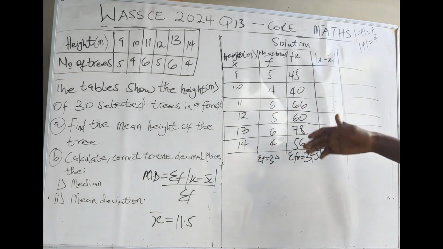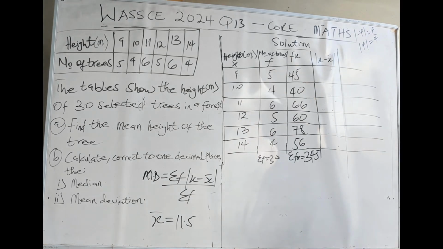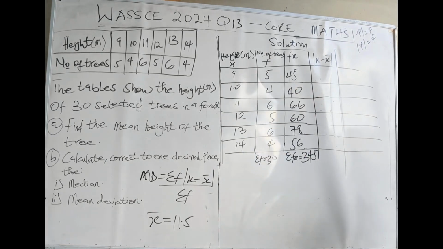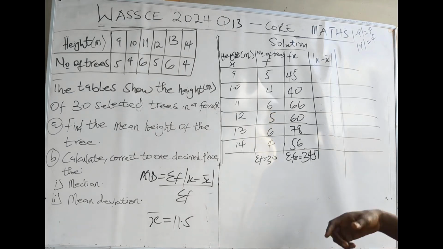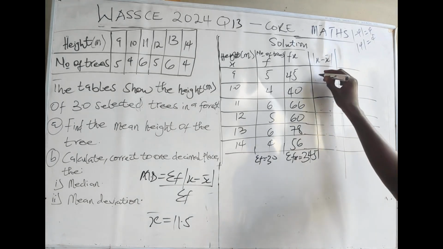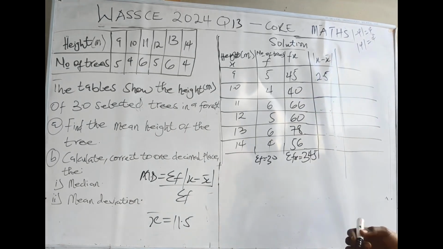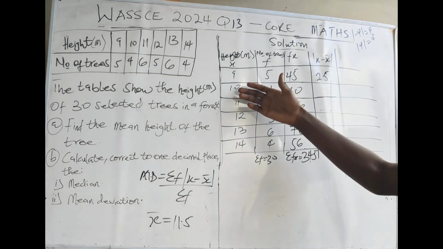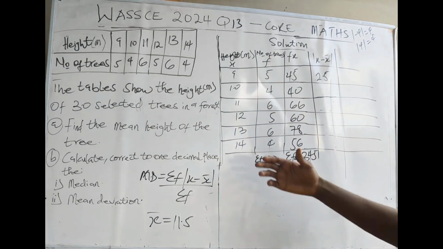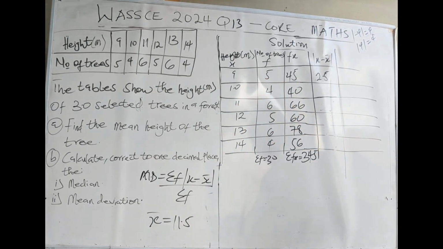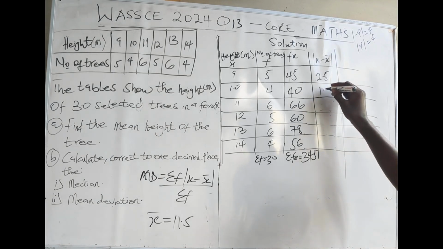So here, we just need to subtract our mean from the value of x. So 9 minus our mean, 11.5, gives us -2.5. And since it's in the absolute bars, it becomes a positive value. So the answer becomes 2.5. And the same applies to the others. Then we move on to the 10. 10 minus mean 11.5 becomes 1.5.